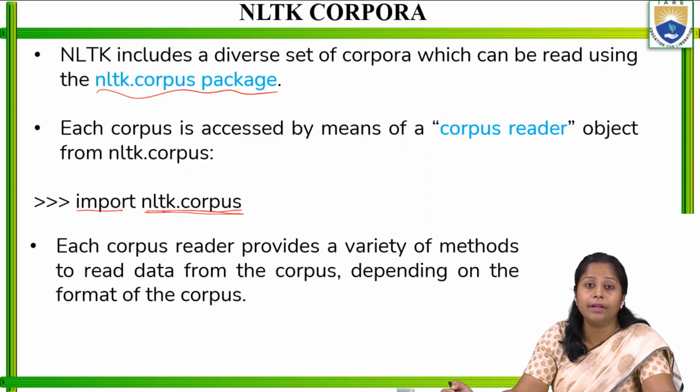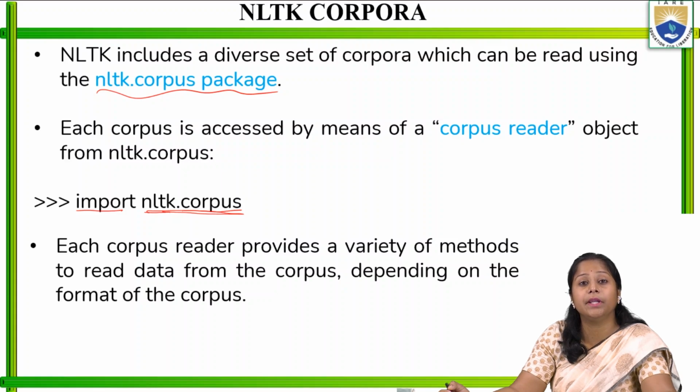Whenever we import or download those corpora, the corpus reader needs to understand which type of methods should be applied. So as a user, students, you need to check the document type and corpus type, and then write the different methods to call the different functionalities of linguistic science, and then we can do the pre-processing on the corpus.